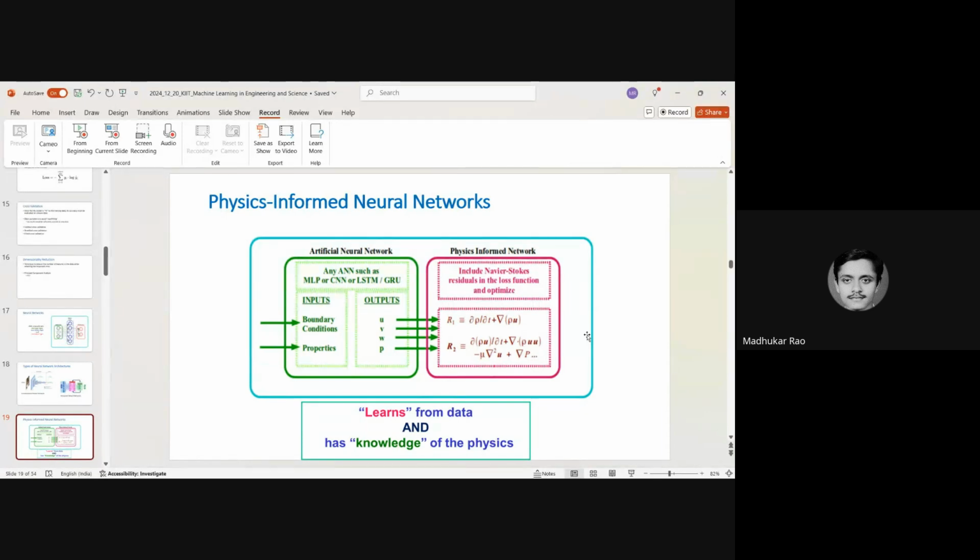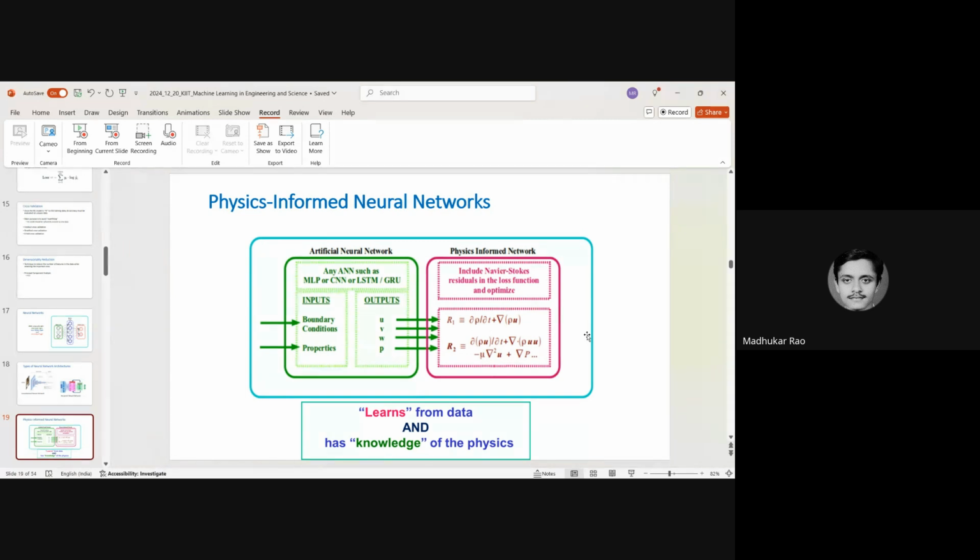And you have as outputs the velocity field, that is the three components u, v, w, and pressure. If you have any other outputs like temperature, those will go in. That is what is represented in green. You will train that on any measured data or CFD data or something like that. But you want your neural network to always honor the physical laws.